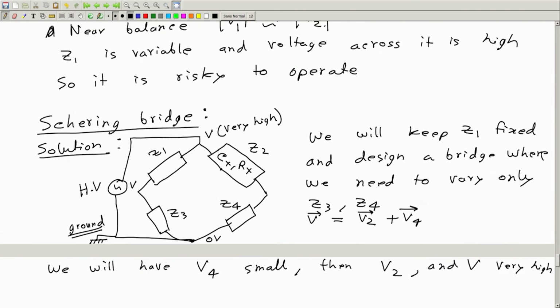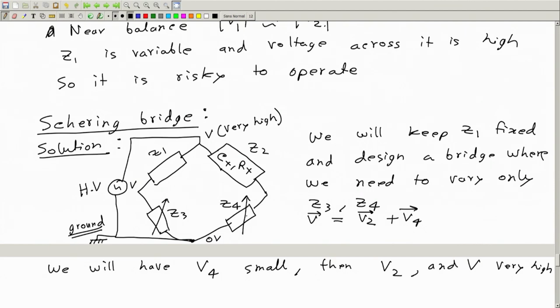So, this is small, this is high, this is high. So, high plus small is high, no problem. We will maintain V2 high, V4 small, and these two are going to be the variable arms.